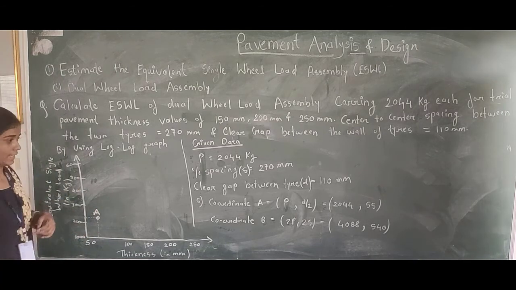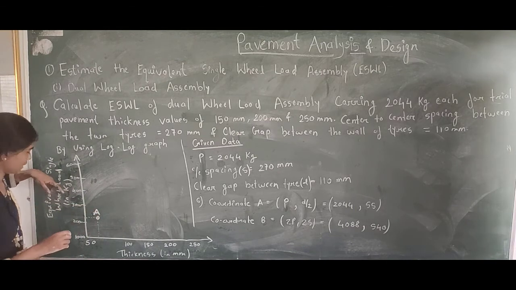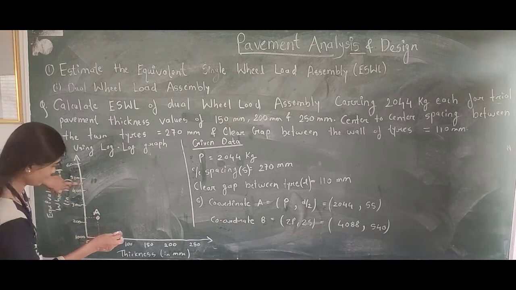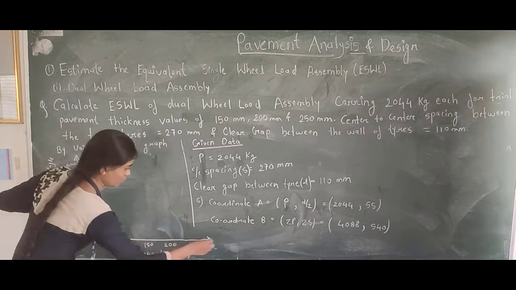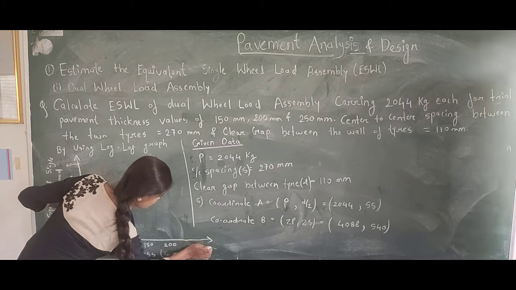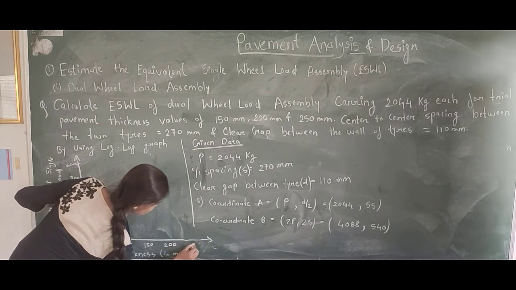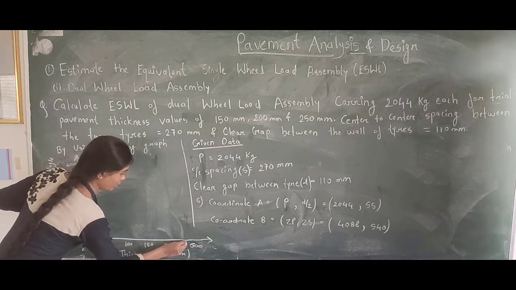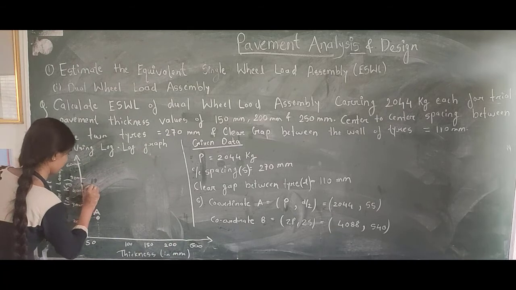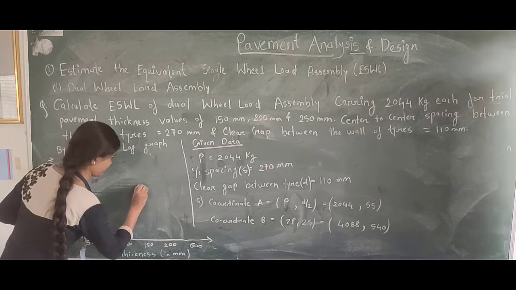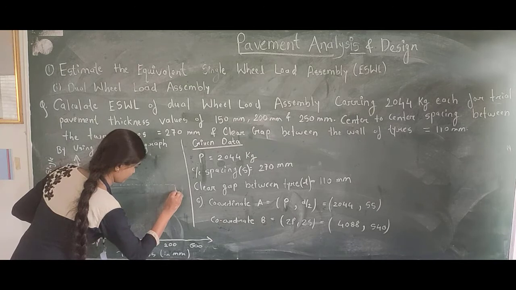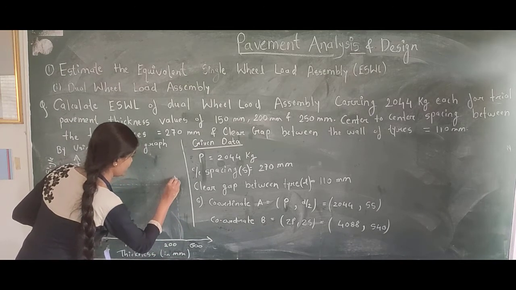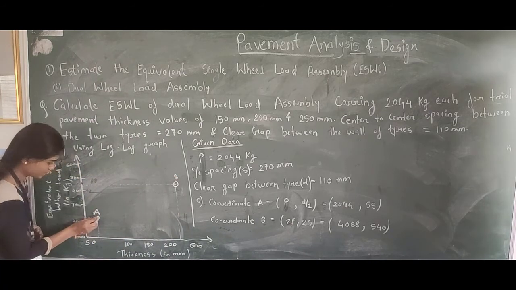So this is our coordinate A. Coordinate B is twice of P, that is 4088, which is here, and 2S, that is 540, which is around here. So we have to consider it as 600 for the timing. So we have to plot it. This is our point B. We have to join it.